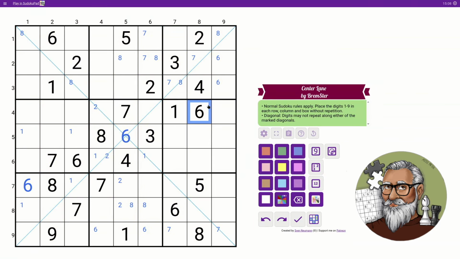Not sure if all of that is getting me anywhere. Well, I'm pencil marking. That's useful, let's say. Hopefully. Right.